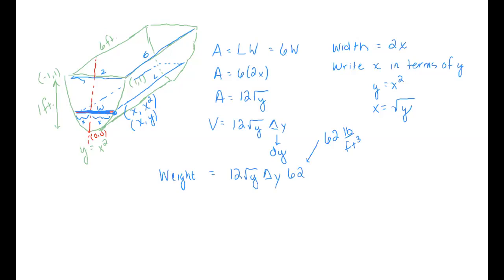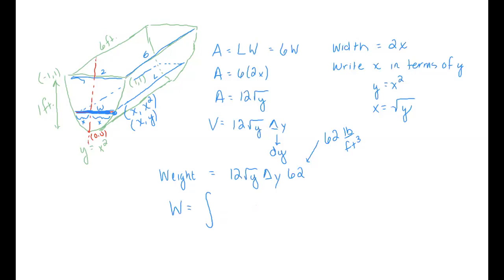And then the last thing we need to put this together in order to get our work, so in our work formula, it's going to be an integral, 12 root y. I actually want to do that in a little bit different order.